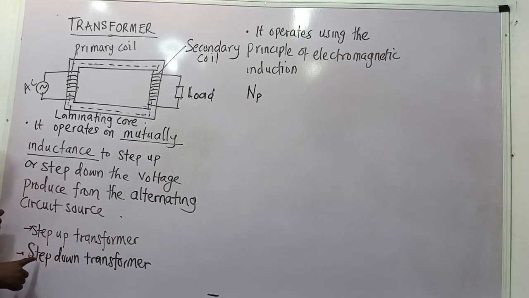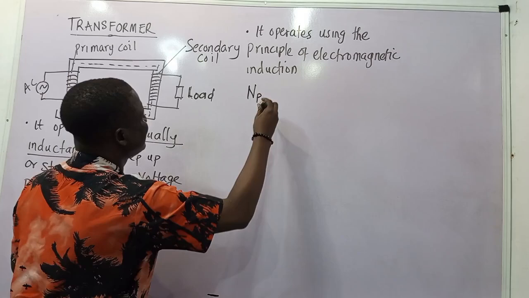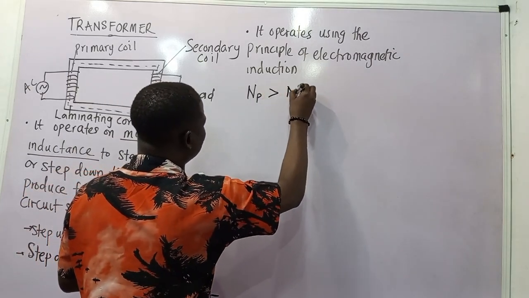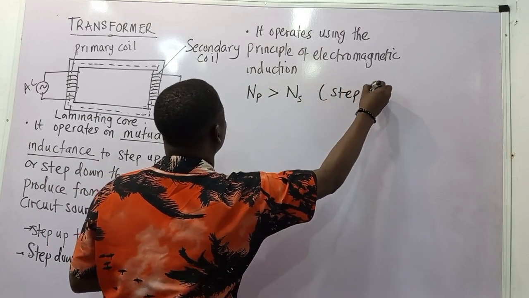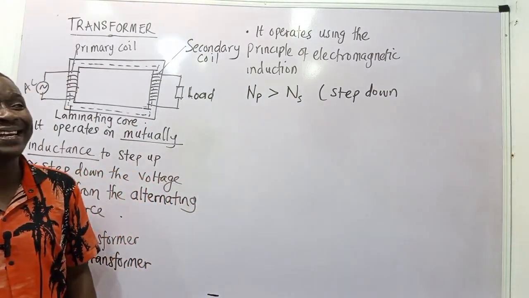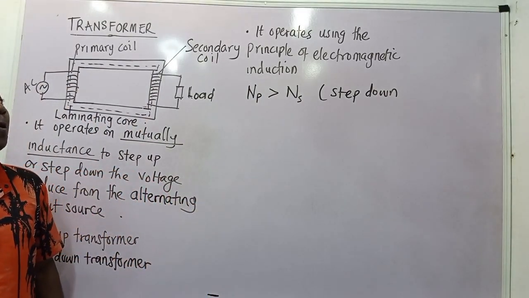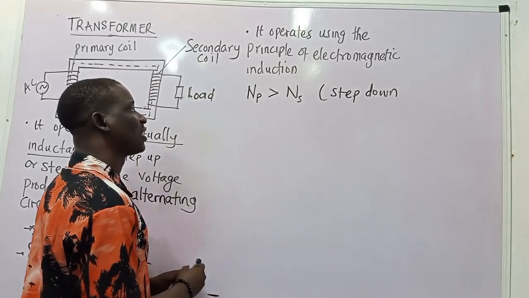Now, whenever the number of turns on the primary, that means the number of coils in the primary, is higher than the number of coils in the secondary, we call this a step down transformer.